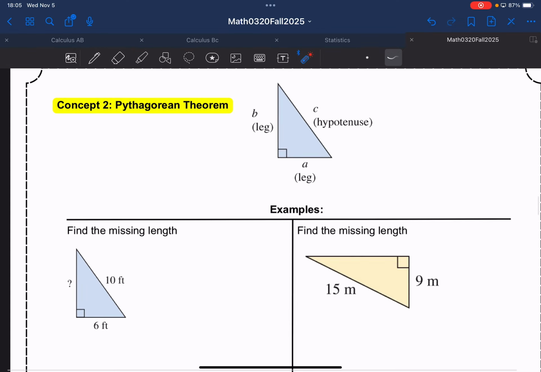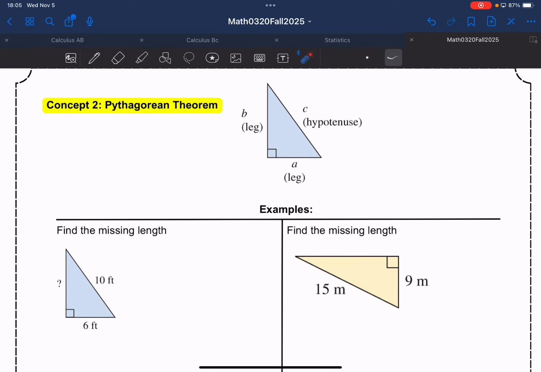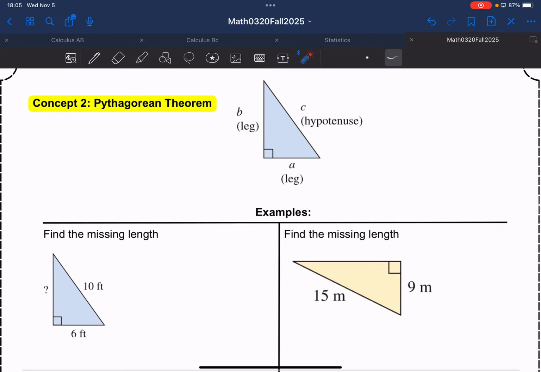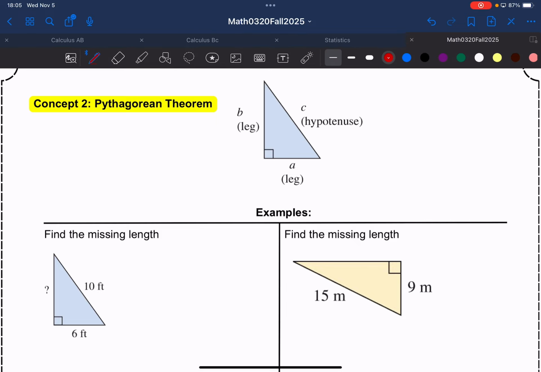Okay, now we're going to talk about the Pythagorean theorem. Okay. And the Pythagorean theorem is a way for us to find a missing side of a right triangle. And that's most important here, is that we are looking only at right triangles.